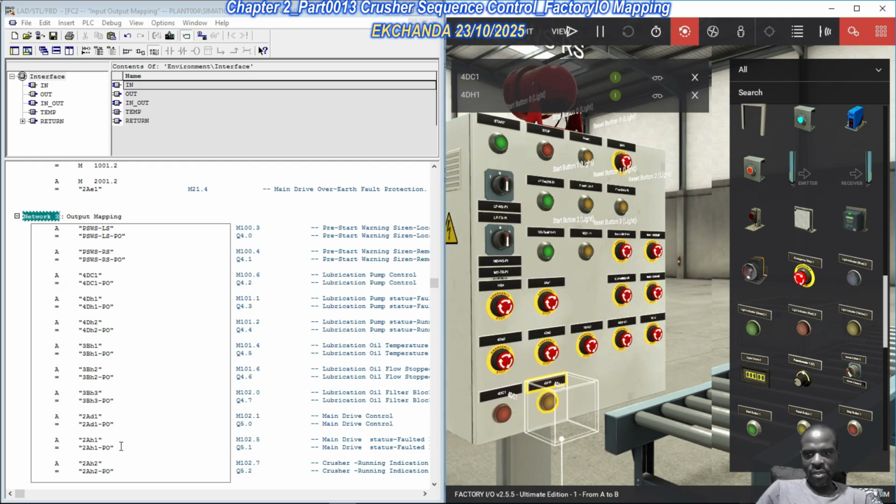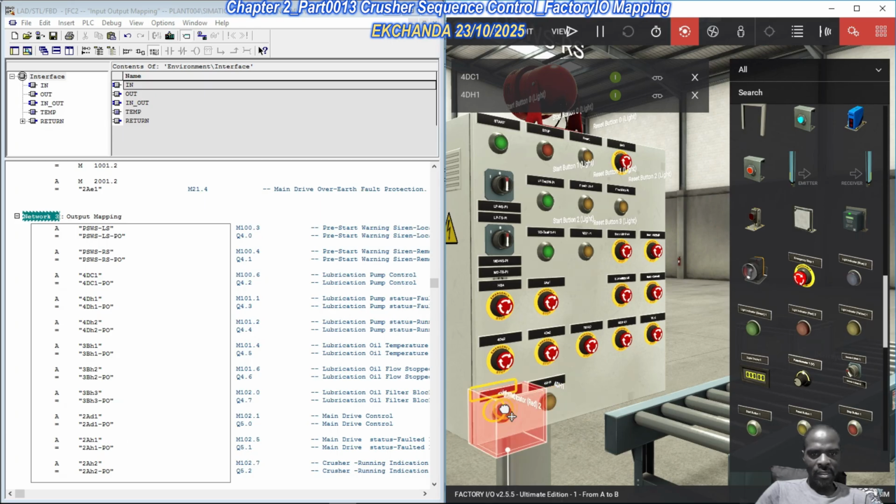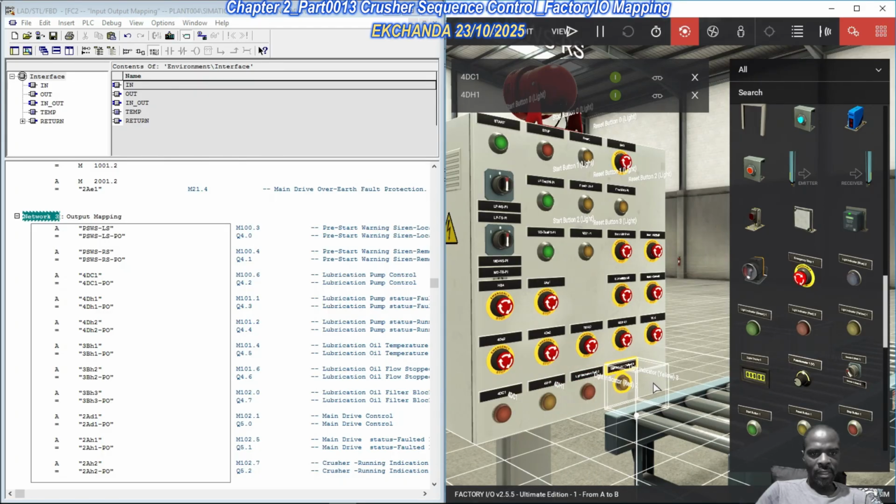The main drive control and the main drive status faulted. Okay, so we just need 2AD1, and then we're going to need 2AH1. Essentially we can just copy these. You can just copy this one here and then this one there.